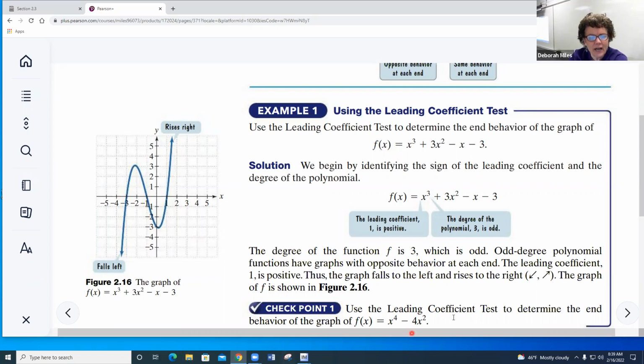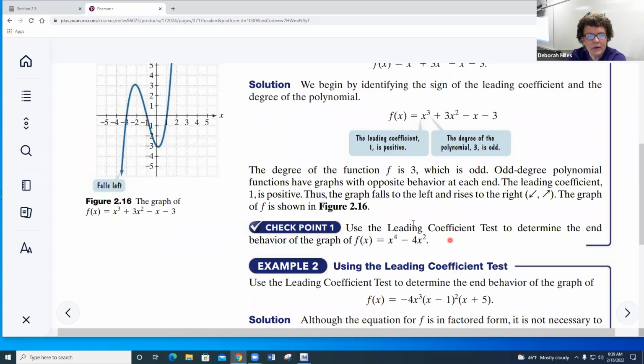So what about this checkpoint 1? What would the end behavior of this graph look like? Which one of our big four would it look like? It's even degree, so it does the same thing on both ends, and the leading coefficient's positive, so it goes up on both ends like x squared.